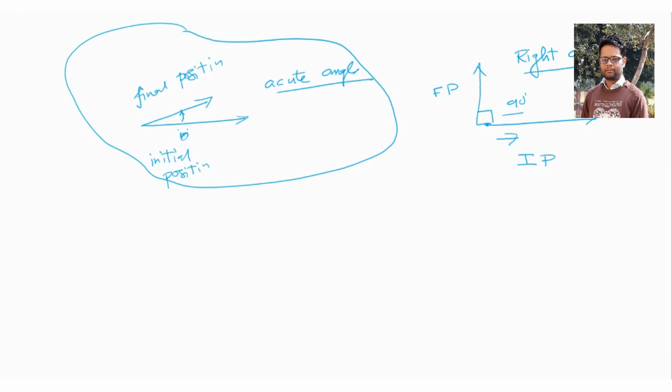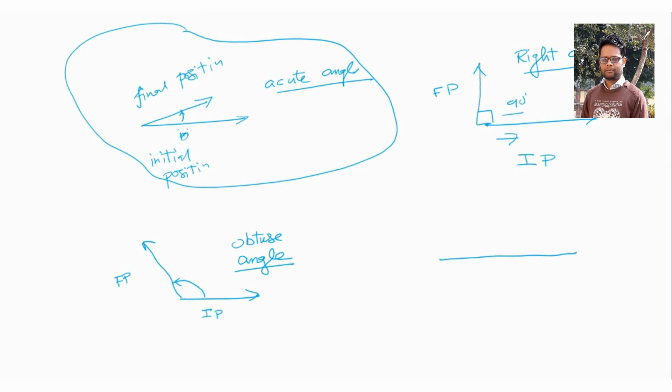The next one: this is the initial position, this one is the final position. This is called an obtuse angle.